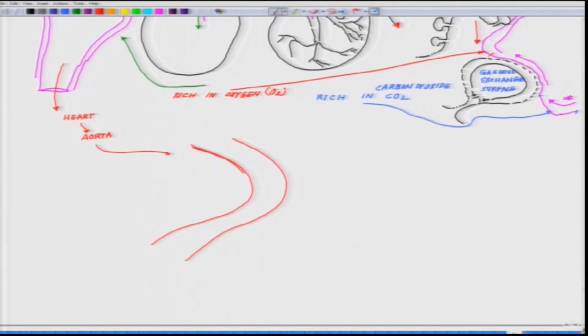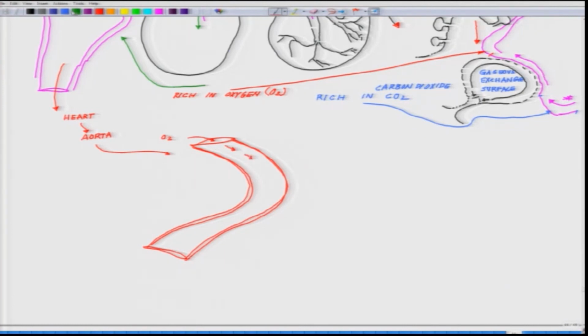And this is the vessel, okay? Oxygen rich blood which is traveling along.